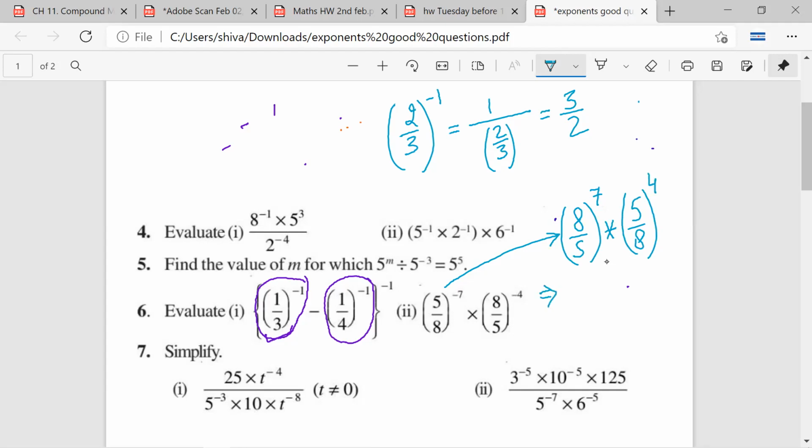Basically what I'm saying is that when there is 4 raised to power -3, I can write this as 1 upon 4 raised to power 3. Basically what this minus does is, it takes this number into the reciprocal. And that is what I'm trying to tell you is that if there is a 2 raised to power 3 whole power -2, this minus will make this 2 by 3 a reciprocal.